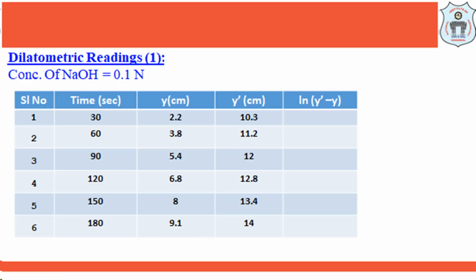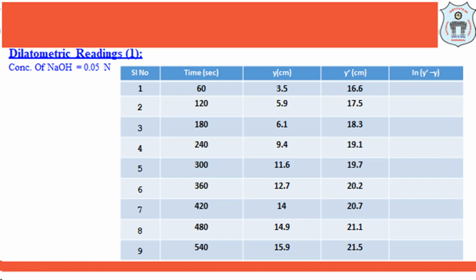To plot the graph of ln(Y dash minus Y) versus time and find out the modulus through which we calculate the overall rate constant, we need these values. So these are some of the readings for practice which are needed for plotting.